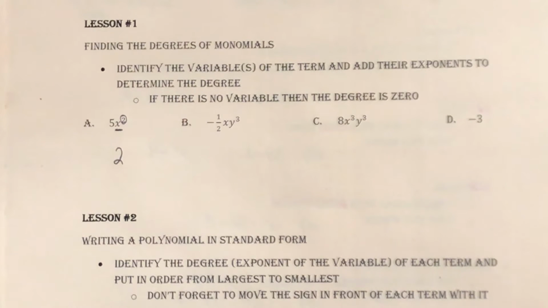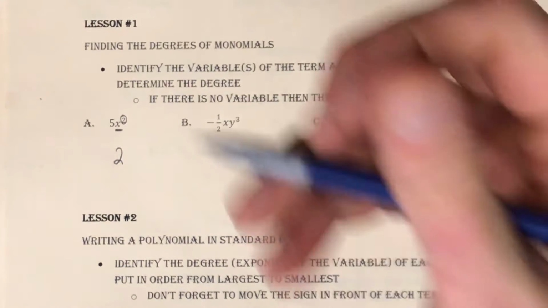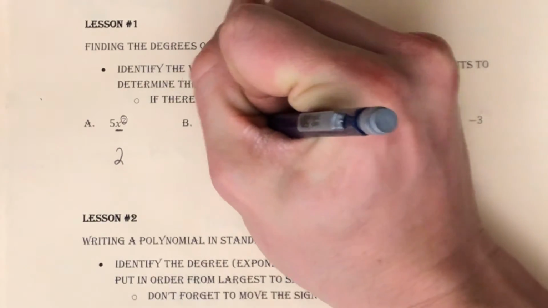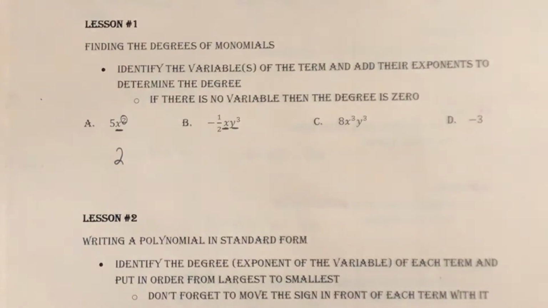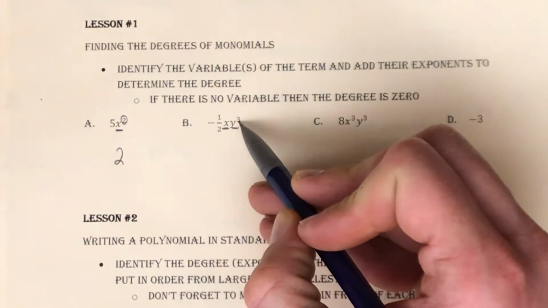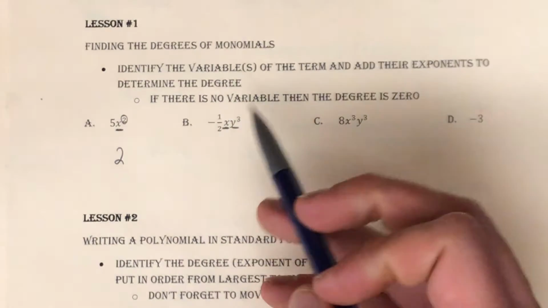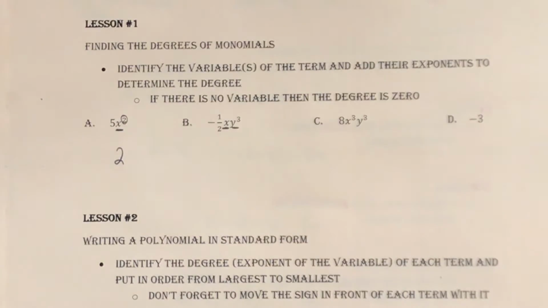Now let's take a look at B. We've got -1/2 xy to the third. Now, when you look at that, you're probably recognizing that there are multiple variables. We've got an x here, and we've got a y here. Well, in order to figure out the degree of this monomial, we need to know the exponent of each variable. Well, the exponent of y is 3 because it's listed, but there is not an exponent listed for x.